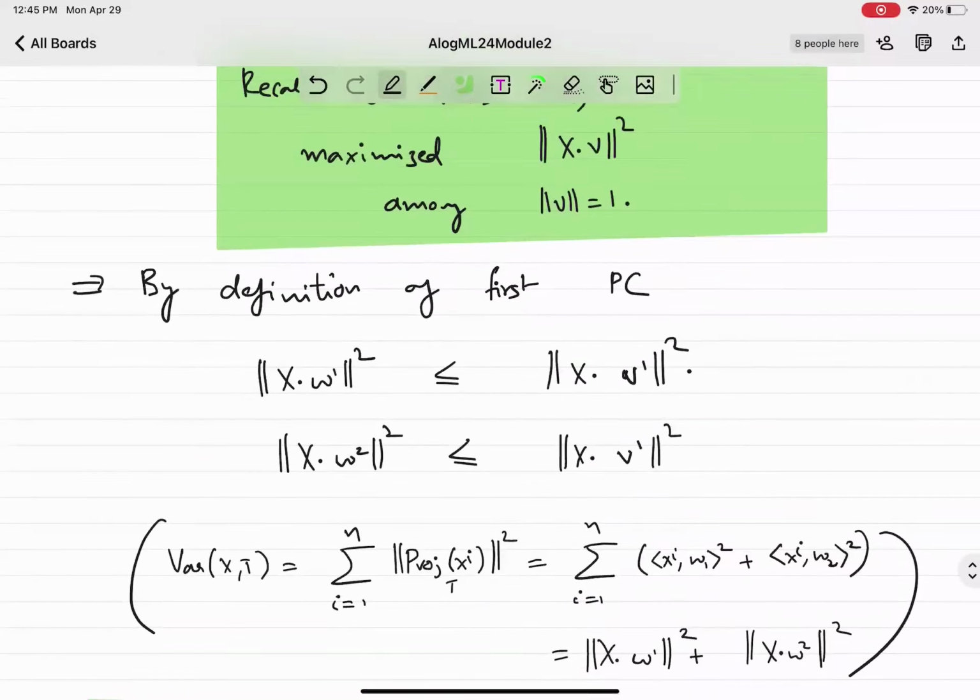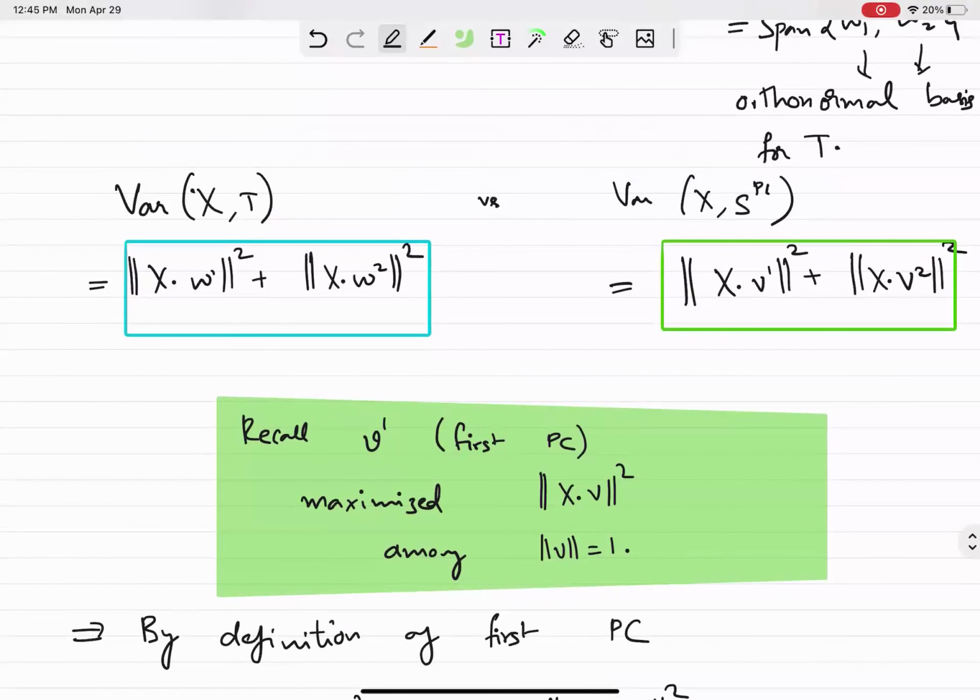Right? So v2 maximizes this length, but only when you constrain to look at things which are perpendicular to v1. But a priori, there's nothing to say that w1 or w2 should be perpendicular to v1. If one of them were, we would be in good shape. But that need not be true.